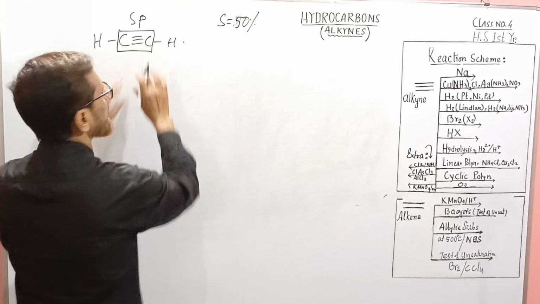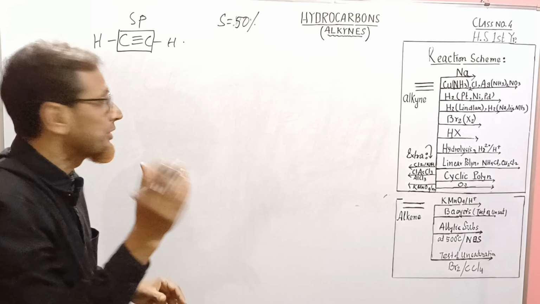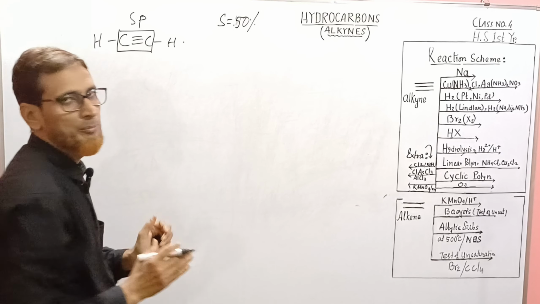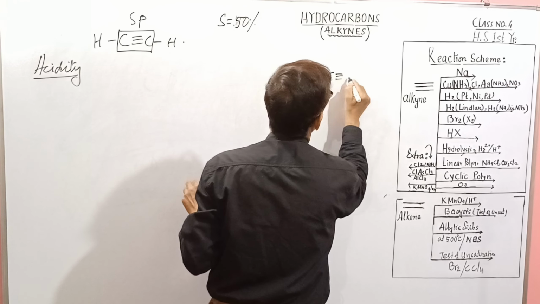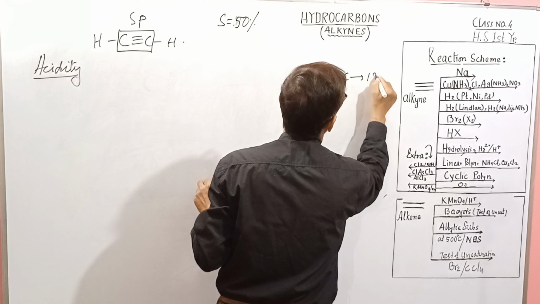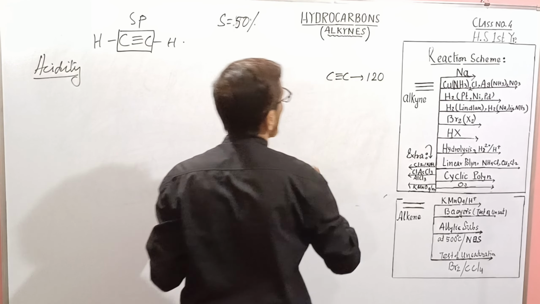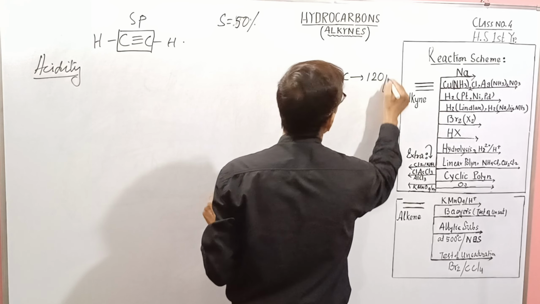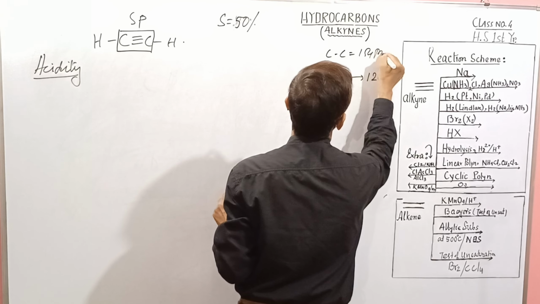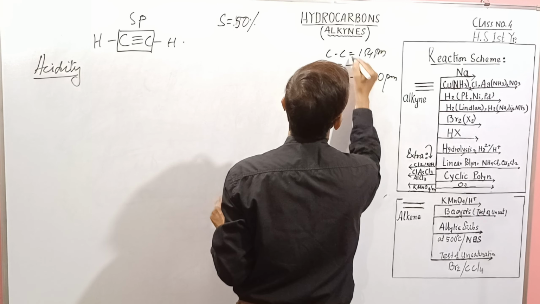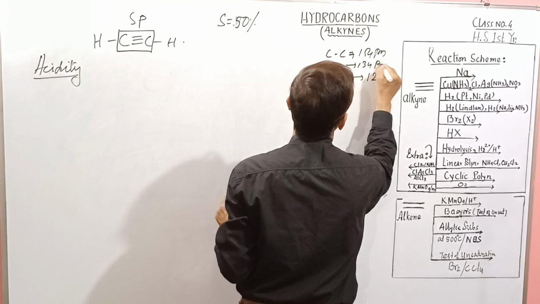this carbon and carbon unit becomes a very small unit. Its bond length, I have shown you earlier, is in picometers. Carbon single bond is 154 and carbon double bond is 134 picometer.